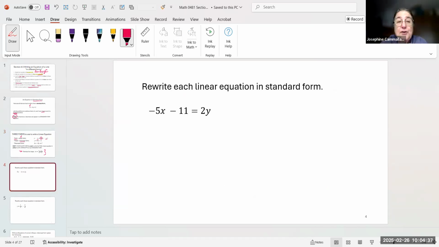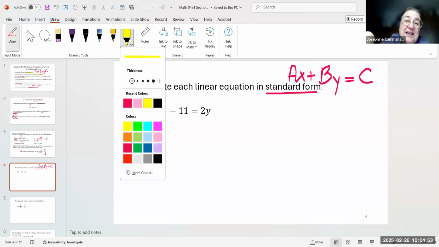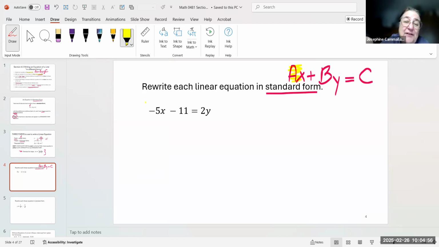Now, first off, standard form is ax plus by equals c, where the a term, this has got to be first when you read from left to right, but a has to be positive.